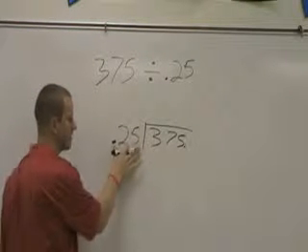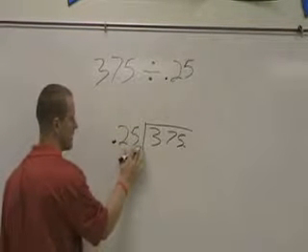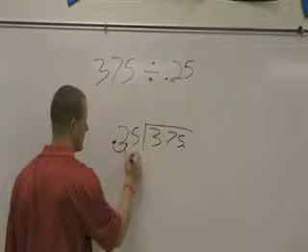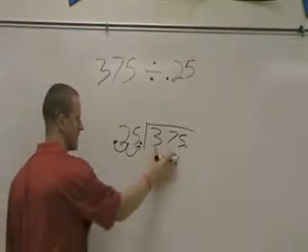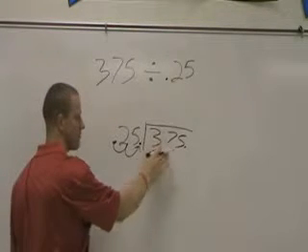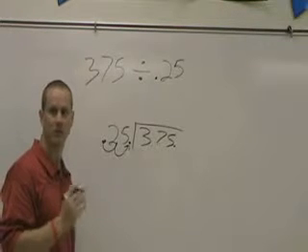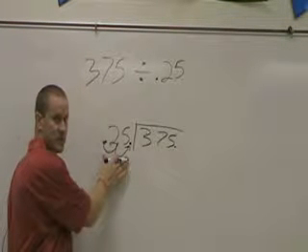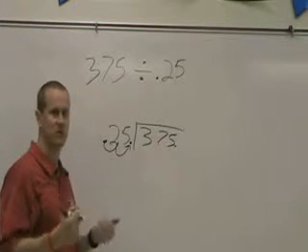My goal is to make my divisor a whole number. How many decimal places away from the end is it? It is 1, 2. So it takes me 2 places. This is already a whole number, so why do I need to mess with it? You have to. If I move my decimal out here, I have to move it in here. I tell my kids it's like in boxing when you trade legs.